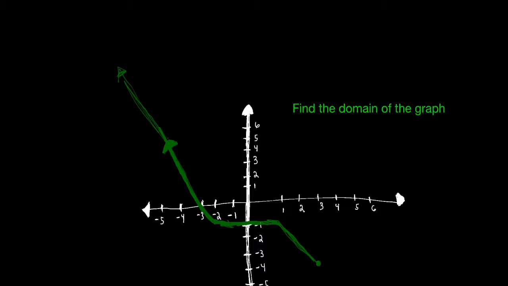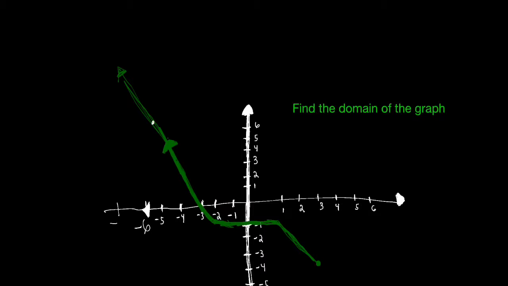And again, since we're talking about the domain, I want you to notice the x values, how they're changing. So here, as this graph keeps extending, you see that my x values keep getting smaller and smaller and smaller. So here at -6, the graph is right here.